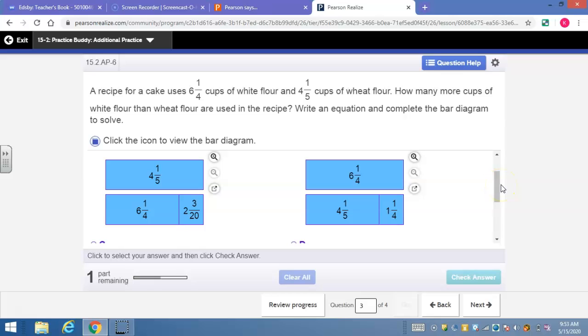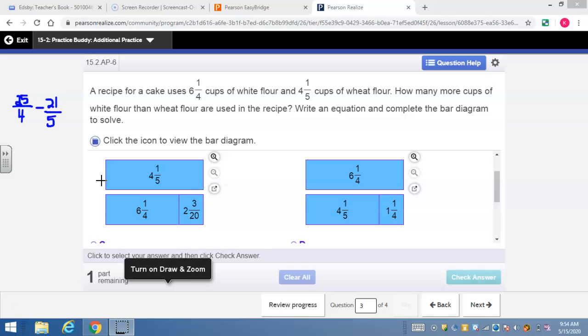Okay, well, how am I going to figure that out? We have to find a common denominator. And I would also suggest switching them to fractions greater than 1. So let's do that. You can see here that I changed these into fractions greater than 1. How did I do that?